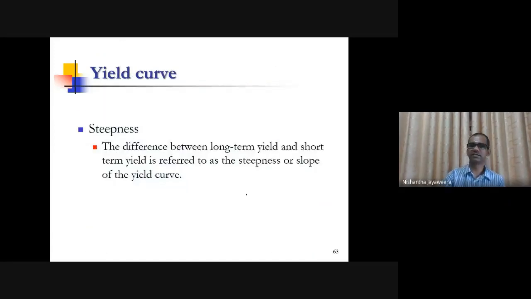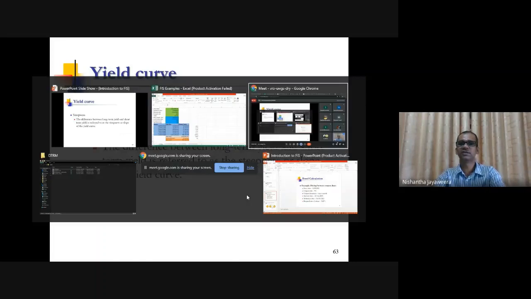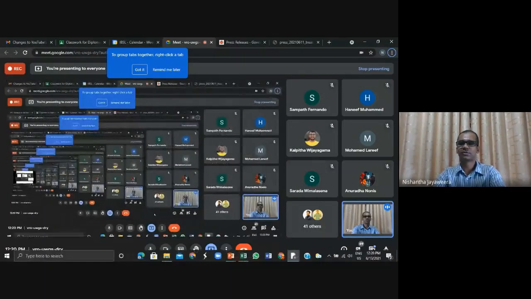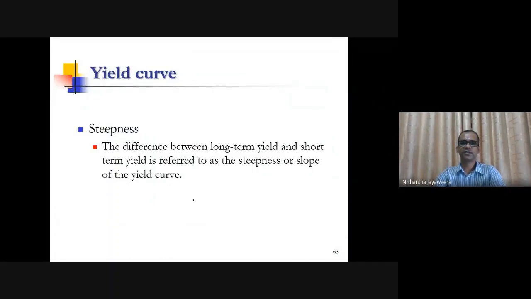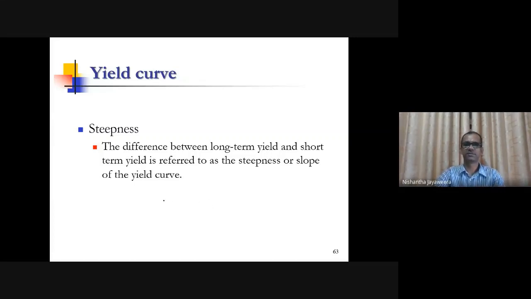And the other thing is steepness of a yield curve. Steepness means the difference between long-term yield and the short-term yield. When the gap between short-term yield and the long-term yield is high, the curve is steep. So it can be like this.